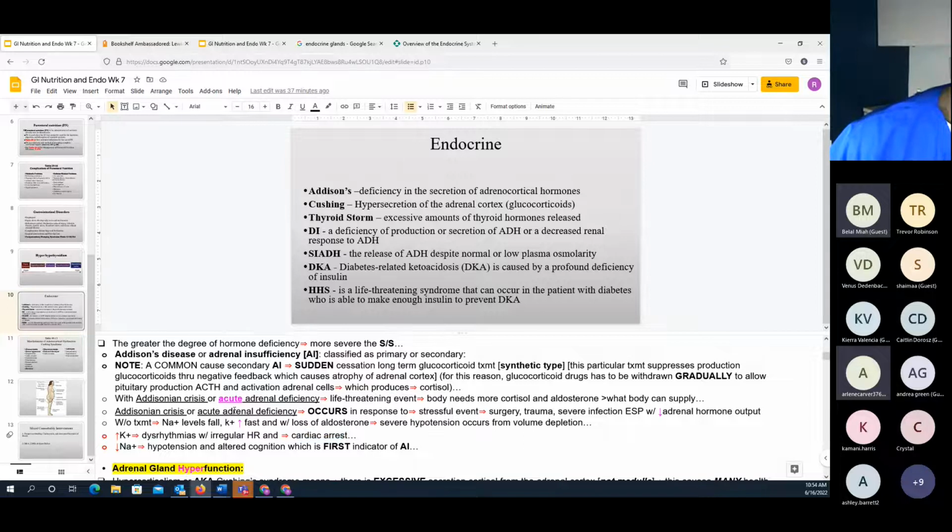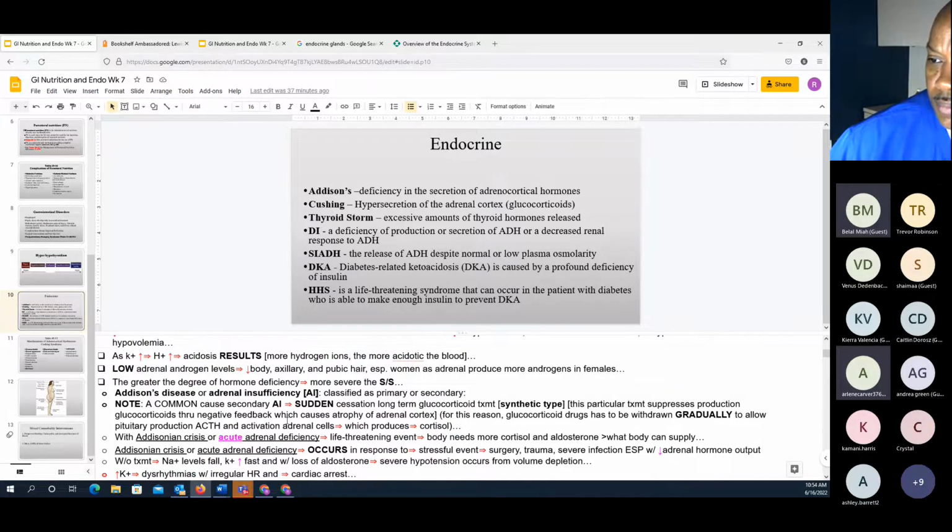So no matter how complex this sounds, just think about the problems you're going to see in this patient. Again, the hypotension, the dysrhythmias, because we know the potassium is high and the sodium levels are low. And we also think about our acidosis, as I mentioned up here as well, and some of the characteristics you'll see. Those are the things you need to really be thinking about.